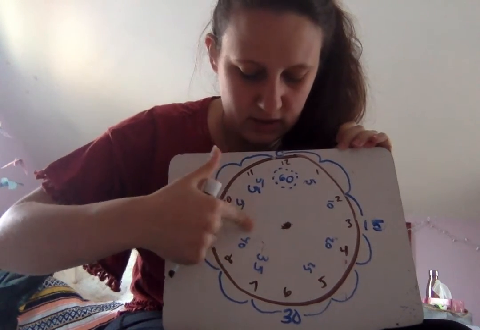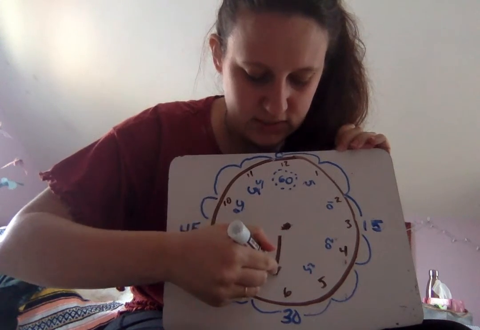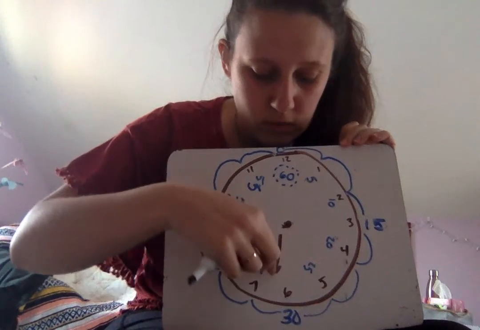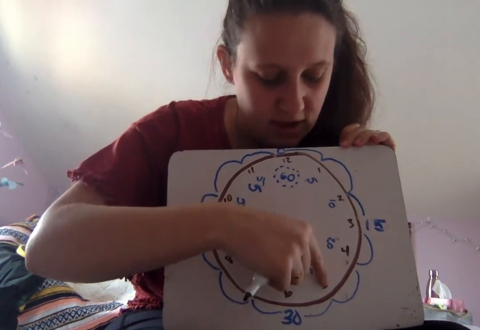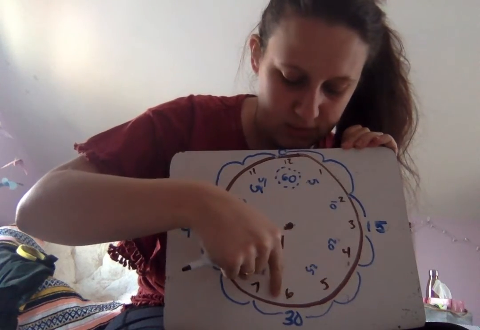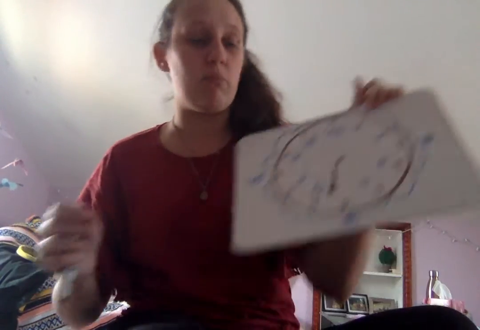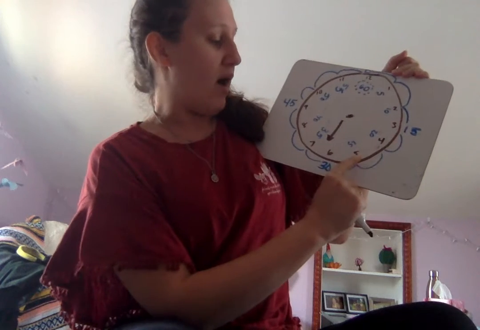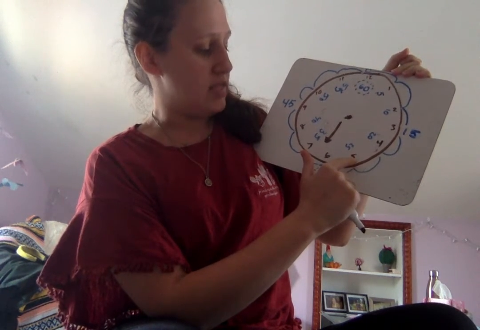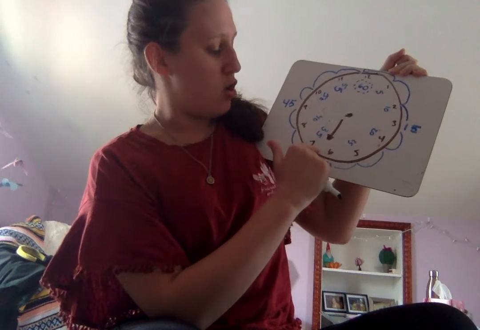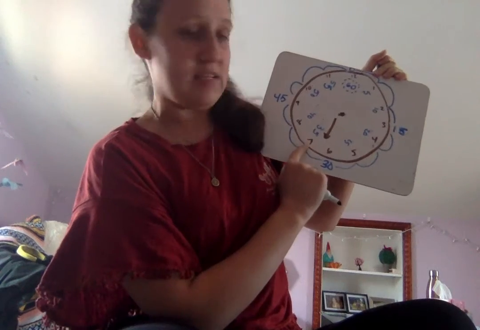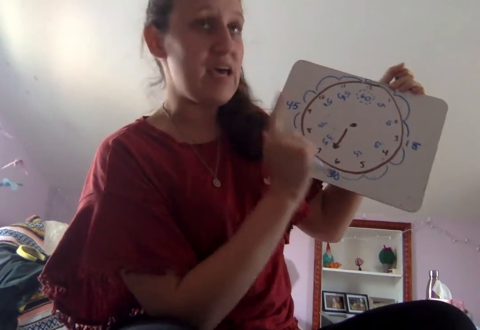If the little hand is between 6 and 7, it must be not 7 o'clock. We always start with the number that's smaller. It must be 6 o'clock, because you bring your finger from the 5 just before the little hand. Oh, it's not quite 5 o'clock. It's right in the middle of 6 o'clock because we didn't get to the 7 yet. So it must be 6.